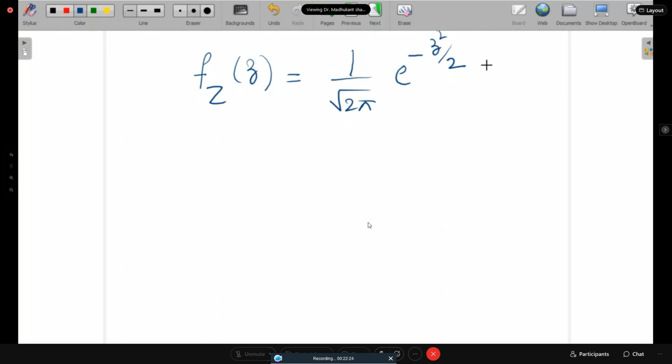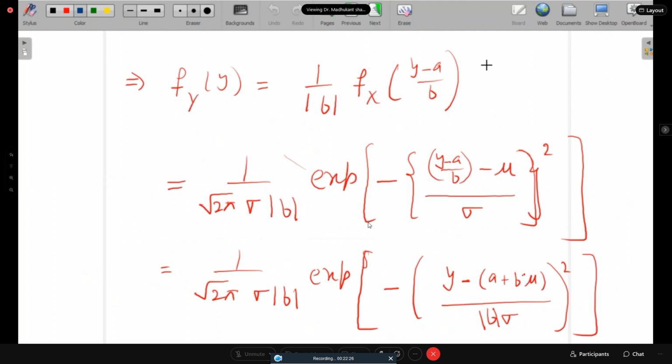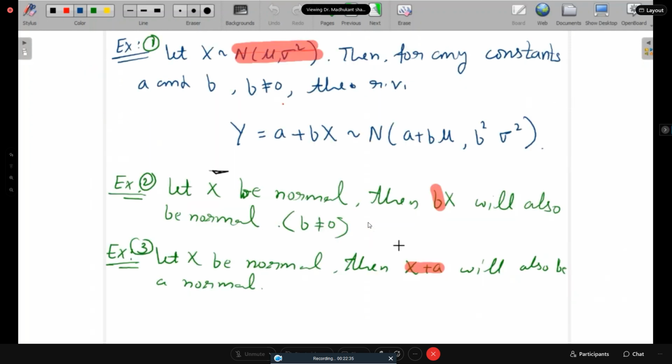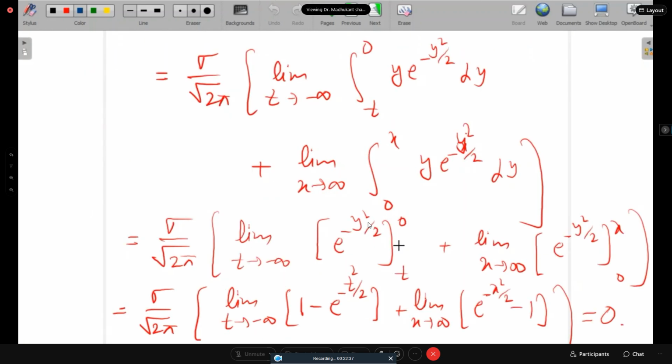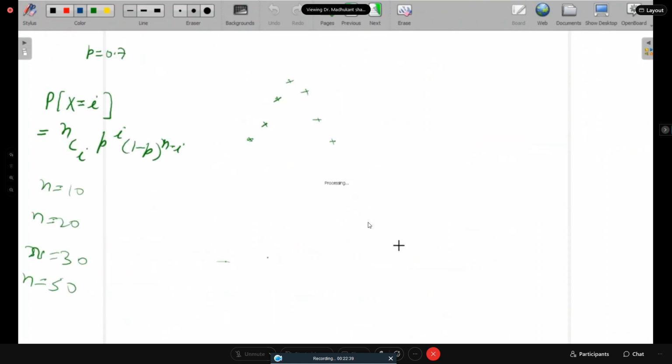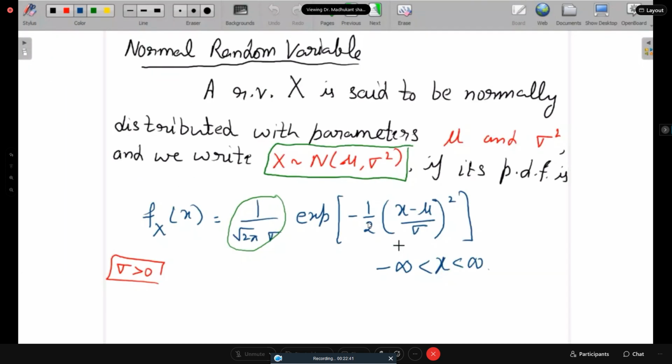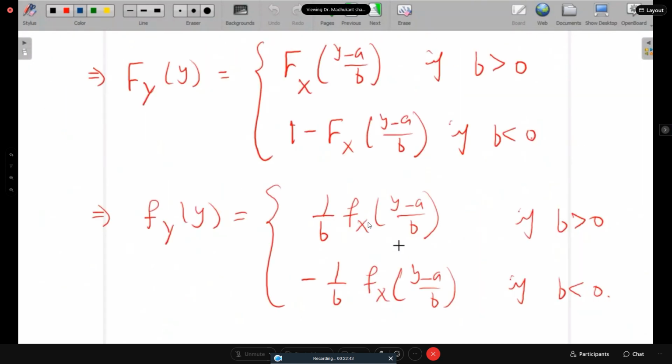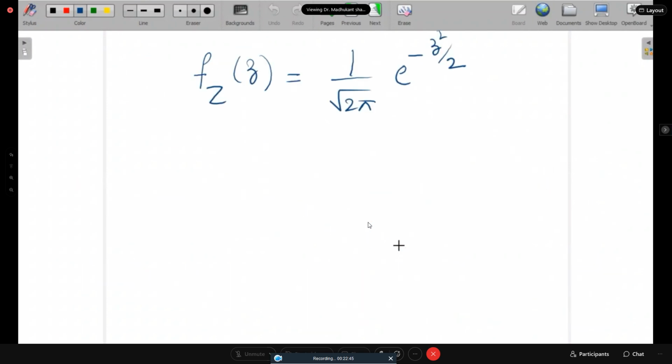I think we forgot the 1 by 2 earlier, yes, so it is e to the power minus z square by 2.